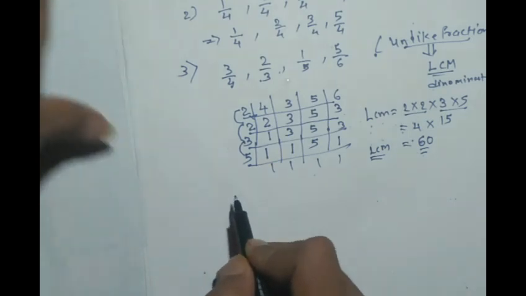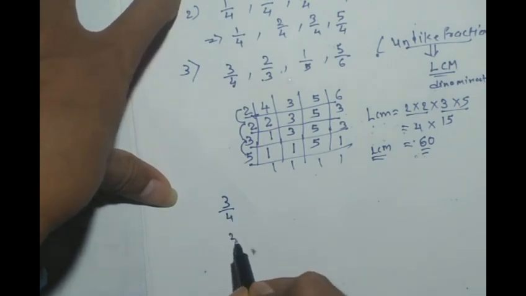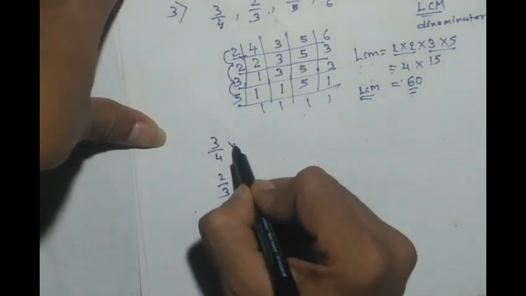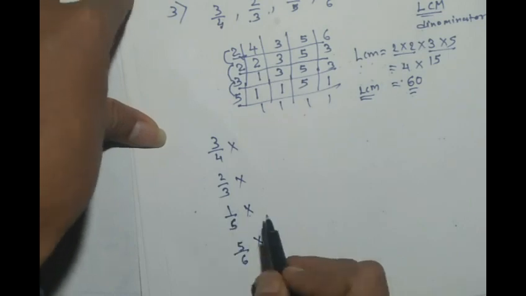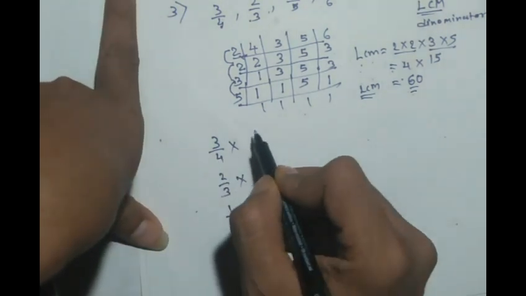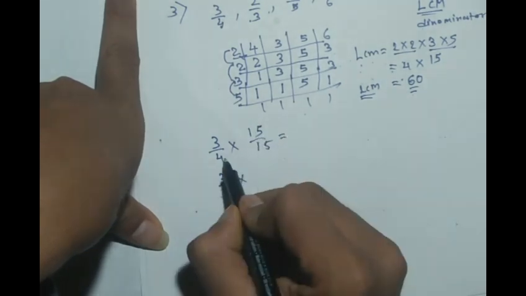So let's try it. 3 upon 4, 2 upon 3, 1 upon 5 and 5 upon 6. Now we will multiply in such a way that we get the denominator 60 in all the given fractions. In the 4 table, when 60 comes, if we multiply with 15, we get 60.